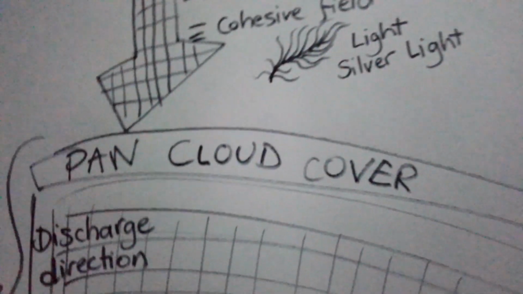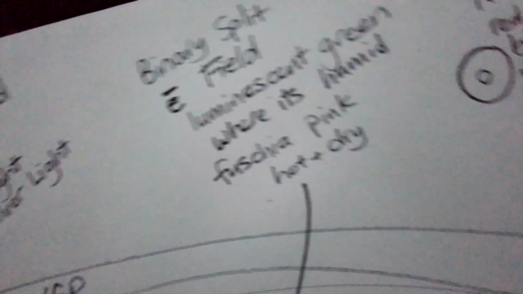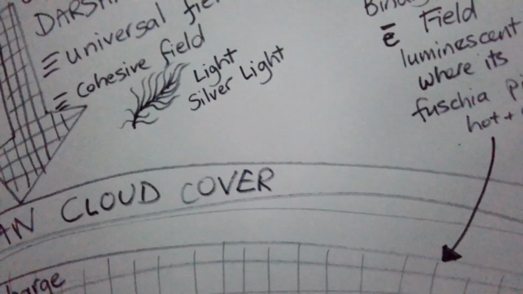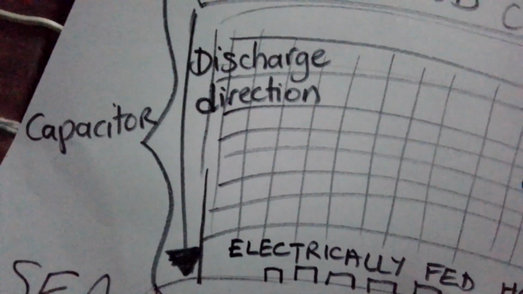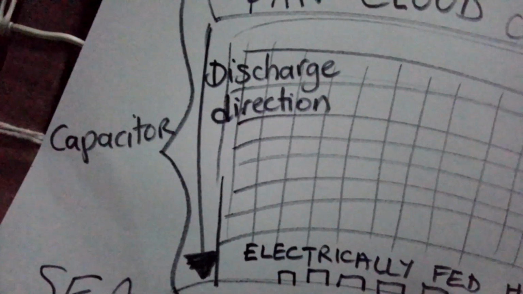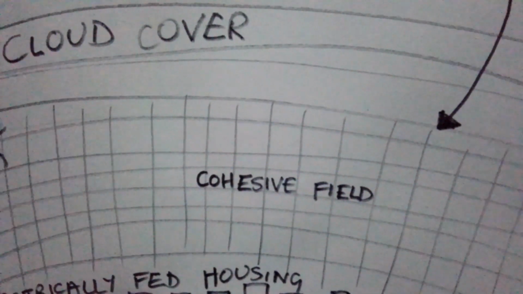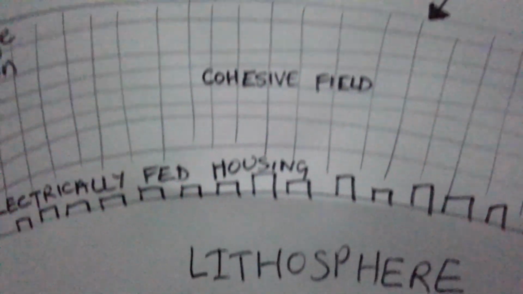And that's when you have a voltaic difference between the pan cloud cover, which is grey and flat and electronically loaded, and then you have a discharge direction, which you'll see when you see lightning, and it discharges between what would be in a capacitor 2 metal plates.